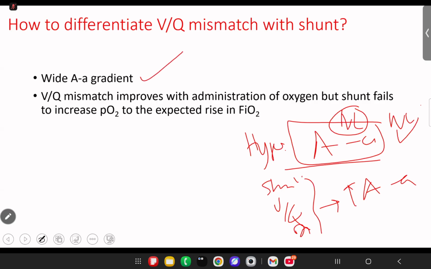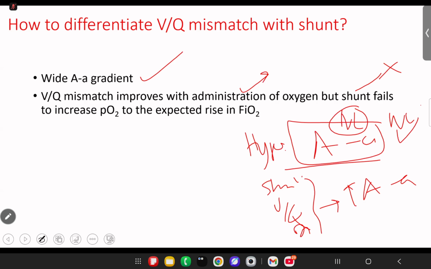So if you have a wide AA gradient, it could be due to shunt, VQ mismatch, or diffusion. And then VQ mismatch improves with oxygen, but shunt does not improve with oxygen. That's how you differentiate. If you have a patient in the ICU and you give oxygen, it does not mean that PO2 cannot go up, but it is not the expected rise of PO2.